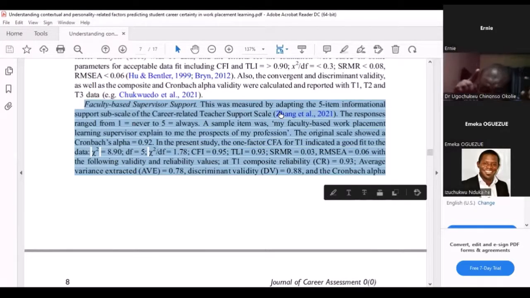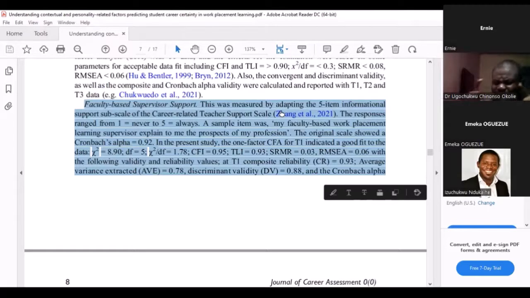So what you are doing when you have adapted that instrument is to do a confirmatory. There's no need to explore again what somebody has already explored and set the threshold. So that is the rationale for doing confirmatory factor analysis.